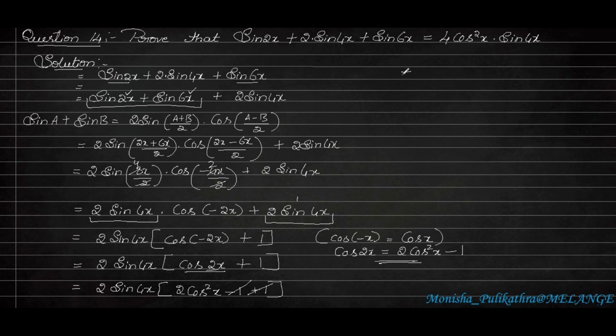So remaining is 2 sin 4x into 2 cos square x. Here 2 into 2 is 4, so 4 cos square x into sin 4x. Whatever we had to prove, we obtained that. So write down, hence proved. I hope you understood this.